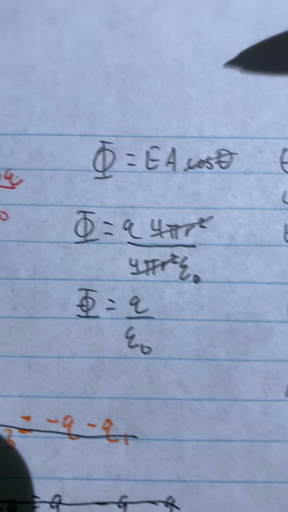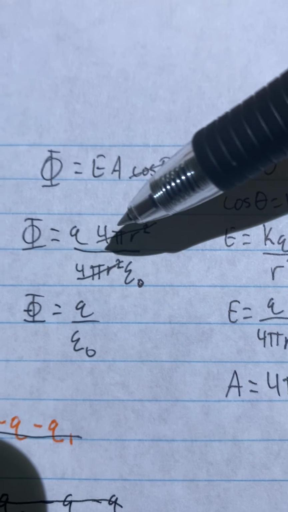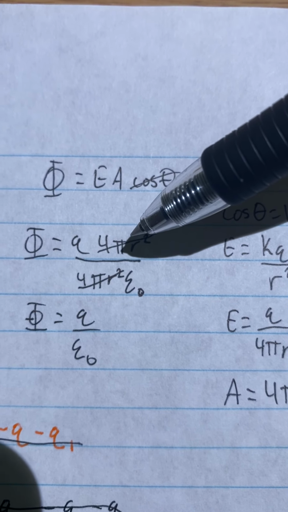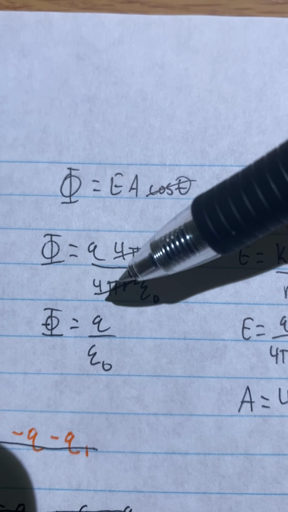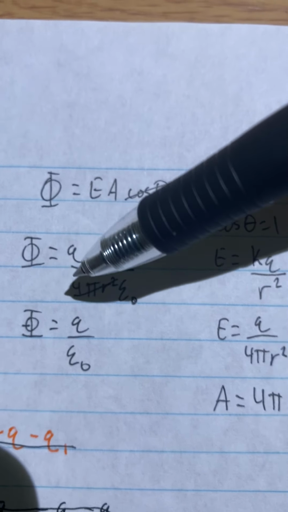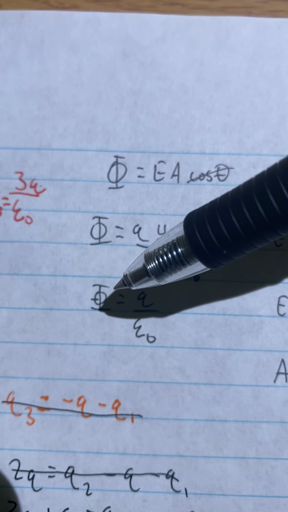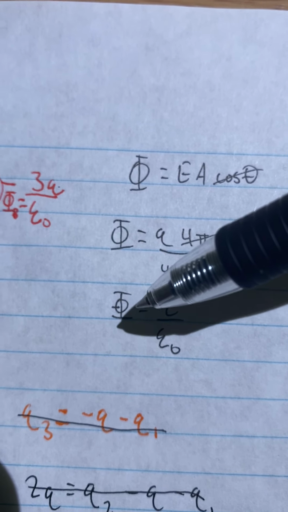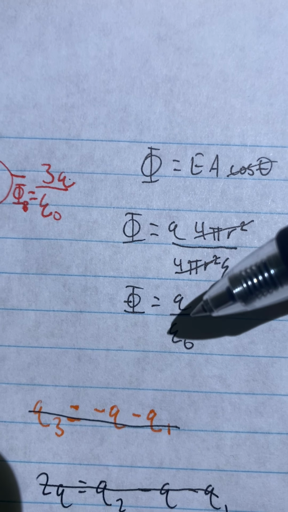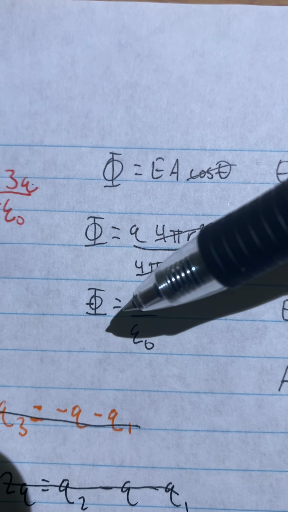So then, rewriting the whole equation, we get q times 4 pi r squared over 4 pi r squared epsilon naught, and those just cancel out, so we're left with the flux going through the surface equal to q, the charge, over epsilon naught.